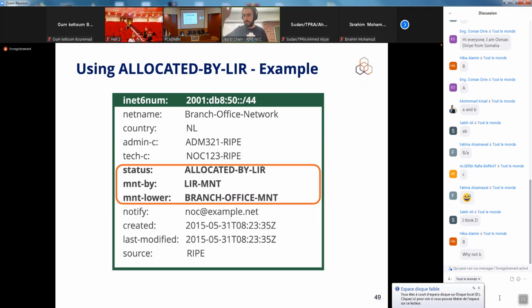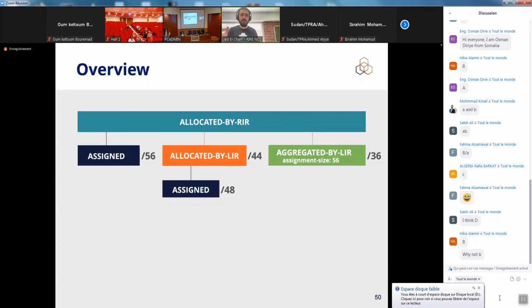It's maintained by the maintainer here for protection purposes, but you can also put the maintainer of the other company that will be handling the space as a mnt-lower as well. So you can delegate power of registration and doing assignments to someone else in case you don't want to deal with it yourself.